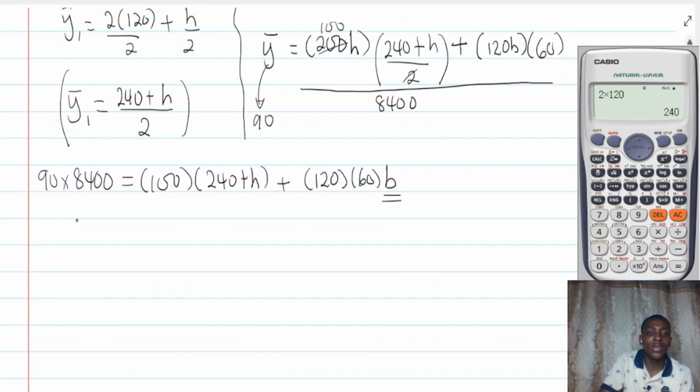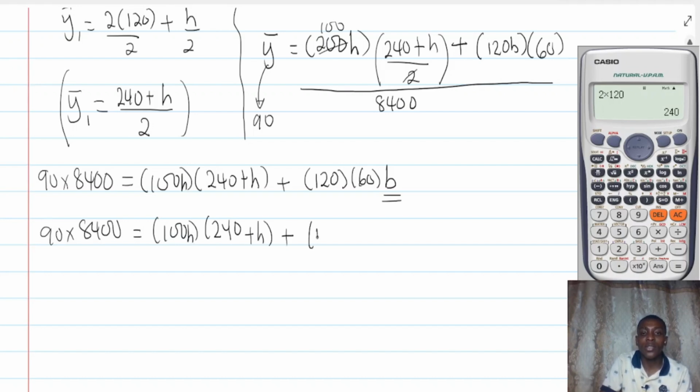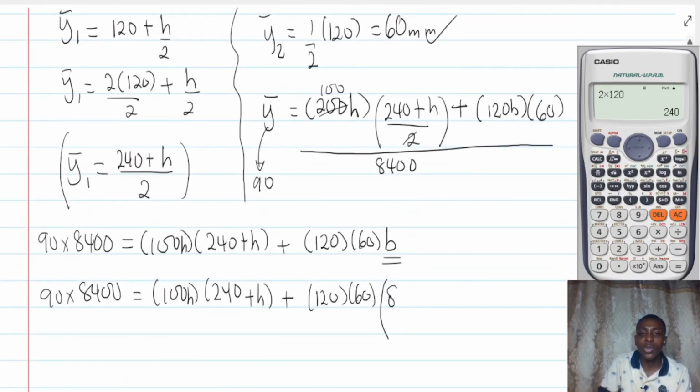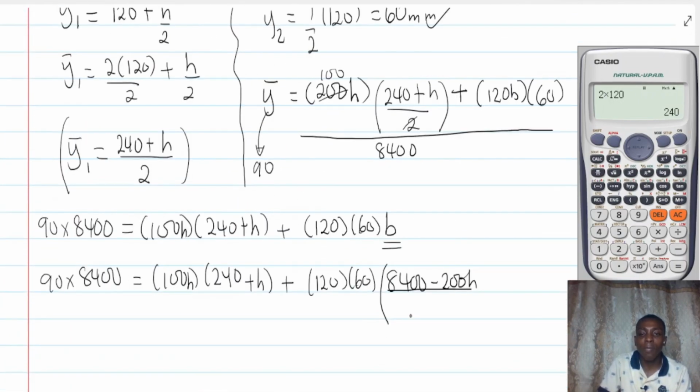Then I can substitute this and say that 90 into 8,400 equals 100 into 240 plus H, plus 120 multiplied by 60, and the whole of B, which is 8,400 minus 200H, all divided by 120.